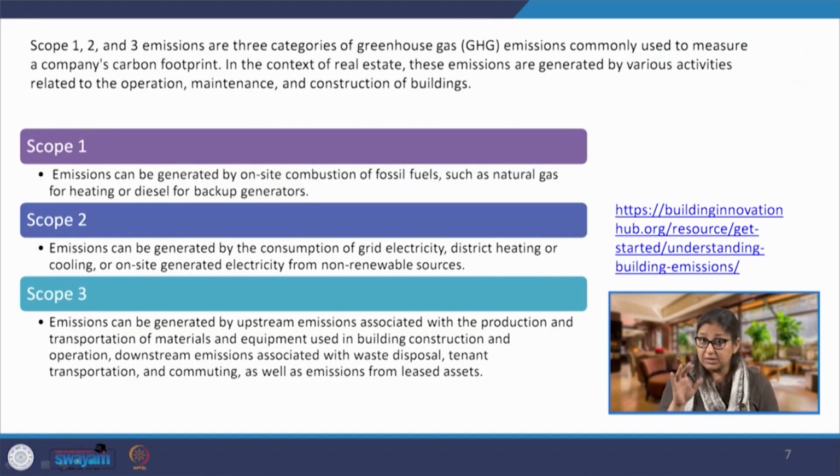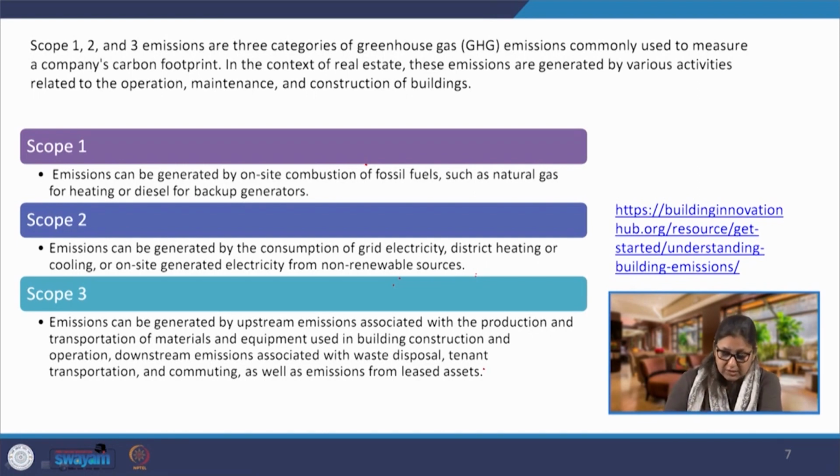If we look at real estate companies, scope 1 emissions will be the emissions generated by on-site combustion of fuels such as natural gas for heating, or diesel for backup generators. The emissions in scope 2 will be due to the consumption of grid electricity, district heating or cooling, or on-site generated electricity from non-renewable sources. If it is directly combusted on site, it sometimes goes in scope 1.